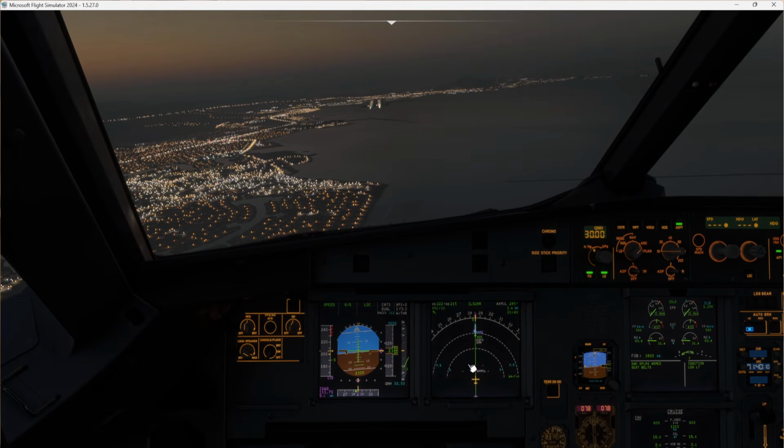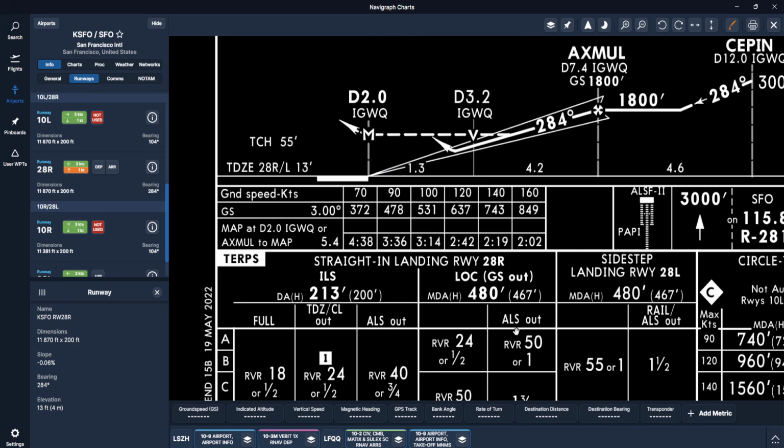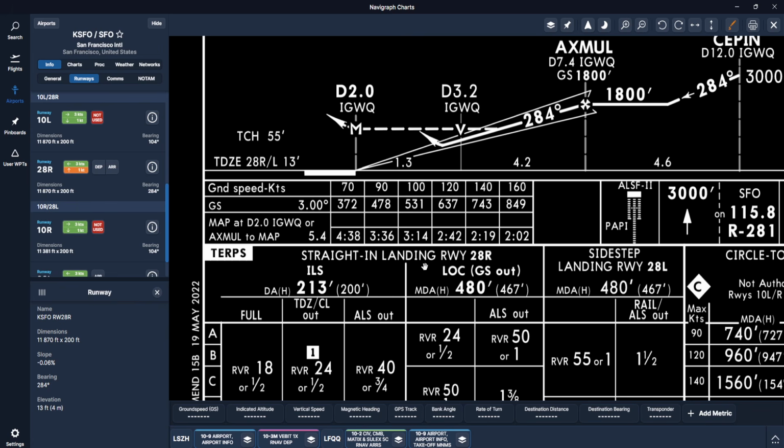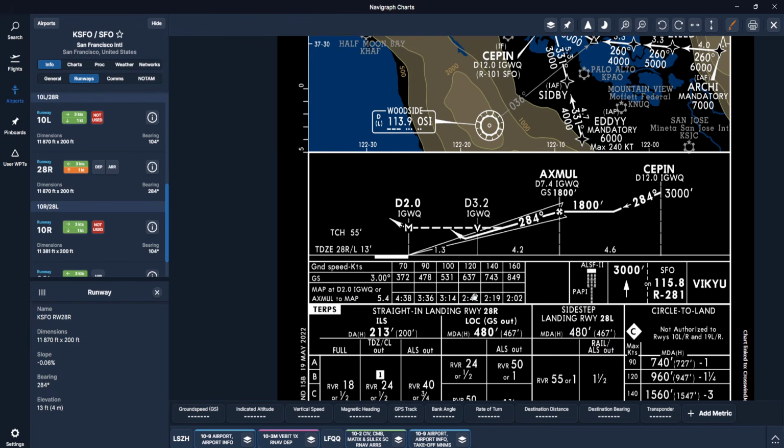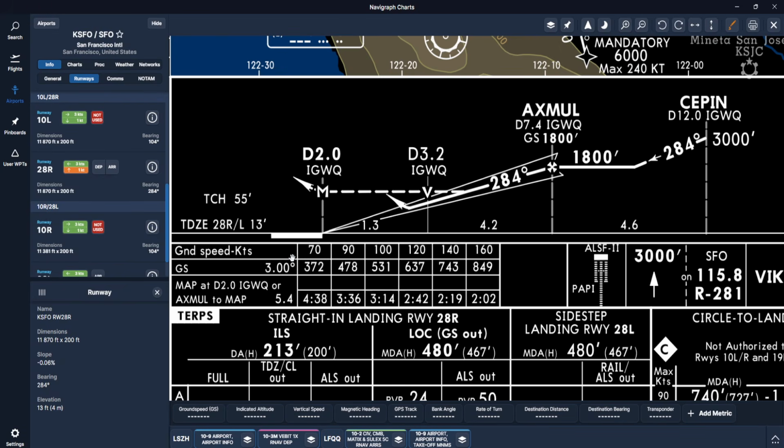So how to descend depends on the type of the aircraft. Right now we are talking about the A320. In the A320, on this ILS approach to runway 28 right, we should follow a 3 degree glide slope. When you hear 3 degrees of glide slope, it doesn't matter whether descent or climb, 3 degrees equals 5% of descent gradient or climb gradient.